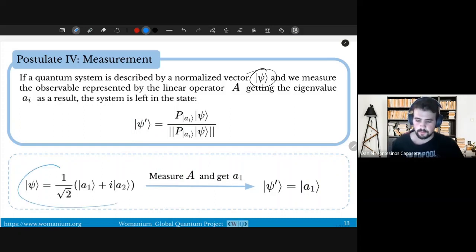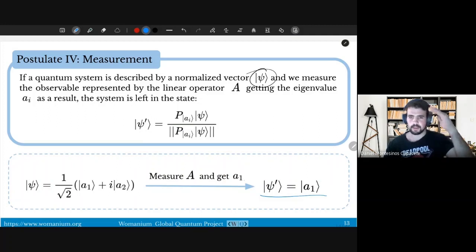So let's say you have this vector in this linear combination, and you measure A and you get A1. This means that the final state is going to be this one. The important idea is that if you measure a system and you get a certain eigenvalue, the final state of the system corresponds to the state of that eigenvalue, right?